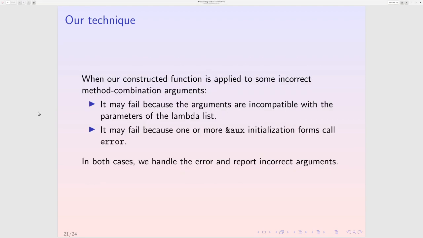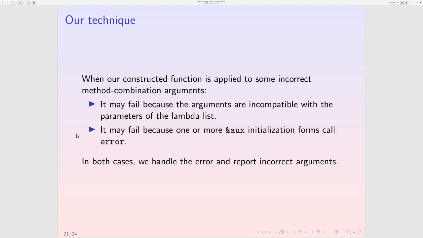So when our constructed function is applied to some incorrect method combination arguments, it may fail because the arguments are incompatible with the parameters of the lambda list. For instance, we might give too many or too few parameters, or we might give a keyword parameter that's not acceptable.